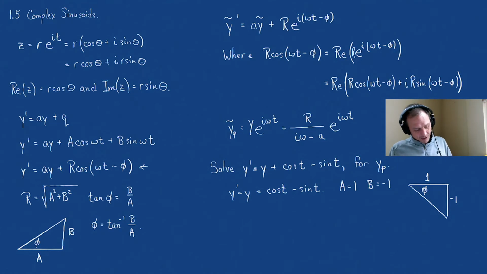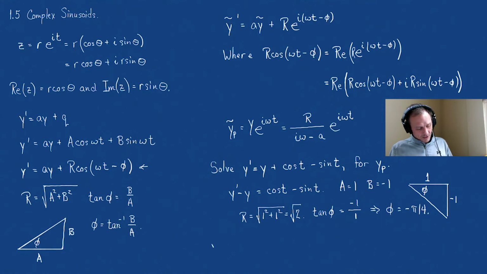So look at what we have. We have r is the square root of each side, so 1 squared plus 1 squared. So r is the square root of 2. And look at this, the tangent of phi is the opposite, minus 1 over 1. Well, this would imply that phi is minus pi over 4. So what can I do?